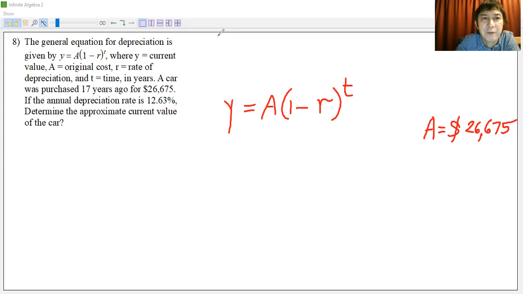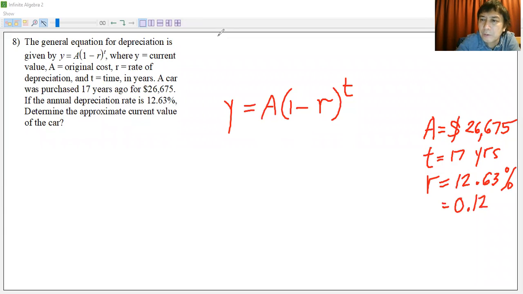Now, after 17 years, that will be our time. And then the rate of depreciation is 12.63%, or in decimals this will be 0.1263. There, that's the R. All right, we have all this.